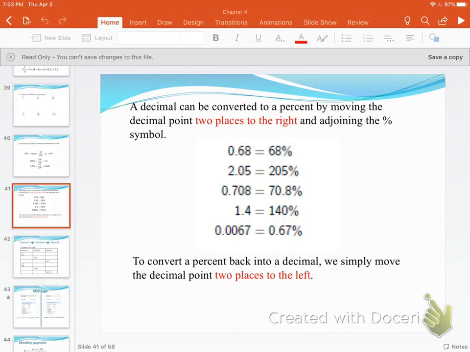Now we know the definition of percent. So now we know 3 things. We have decimals, fractions, and percents.